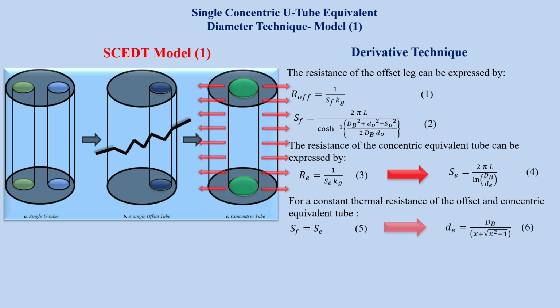In this equation, x is presented in terms of borehole diameter, tube diameter, and the tube spacing distance, as shown in equation number 7.